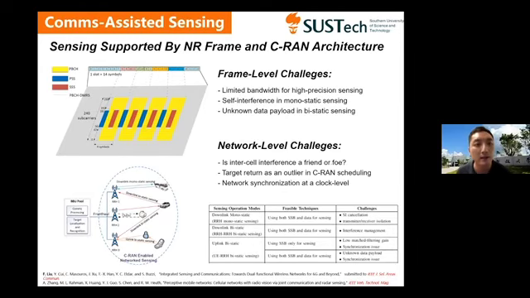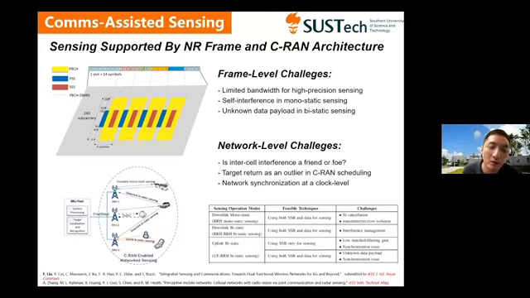We know that in the NR frame, we have many synchronization and reference signals like PSS, SSS, PBCH, DMRS. These are two slots of an NR, new radio, frame. You can see, in addition to the data symbols, there are lots of fixed or reference signals here, and you can use reference signals to do sensing, or you can use both to do sensing.